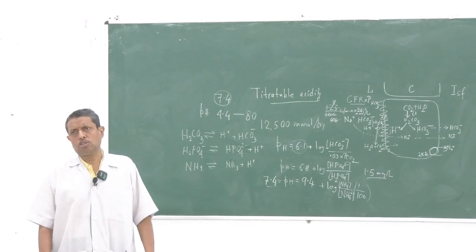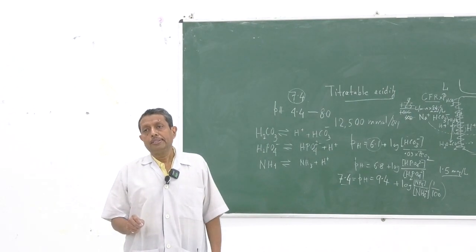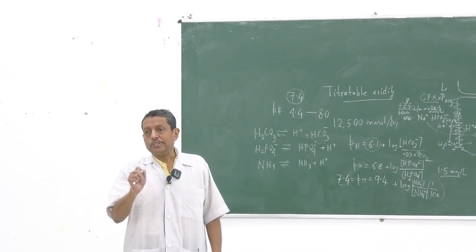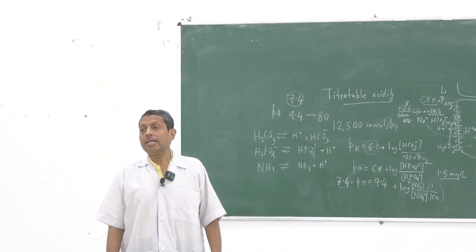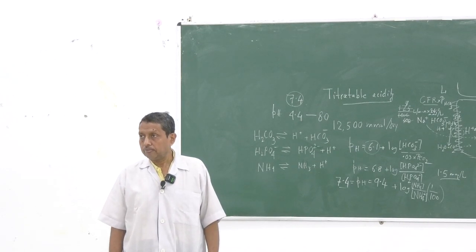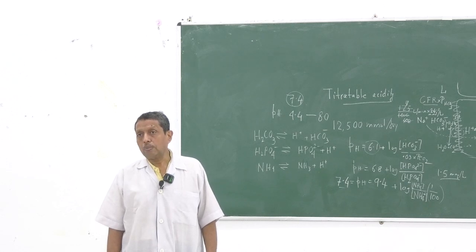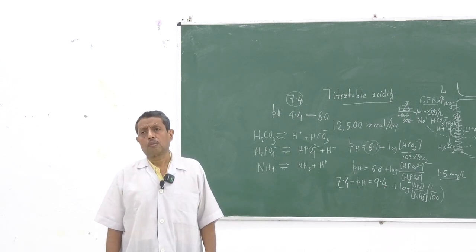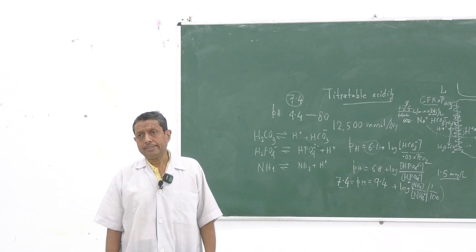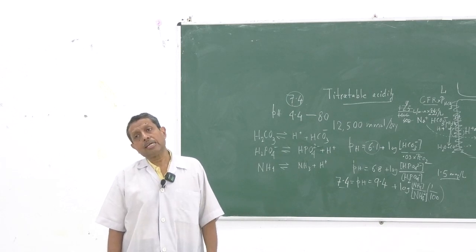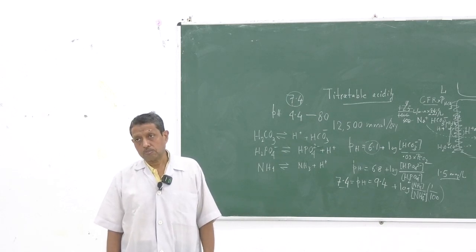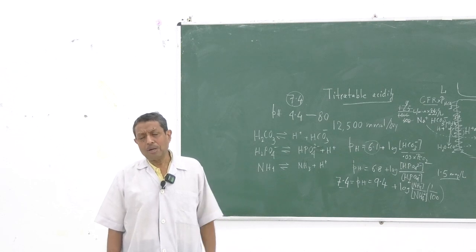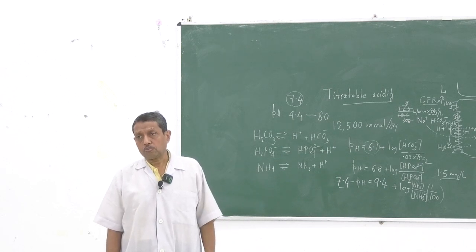So its contribution to the titratable acidity is negligible. In the case of diabetic ketoacidosis or so, they can contribute. Acetoacetic acid, beta hydroxybutyric acid, they can contribute. But normally ammonia cannot contribute.